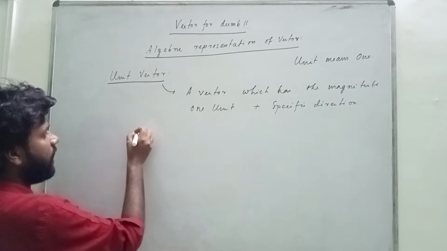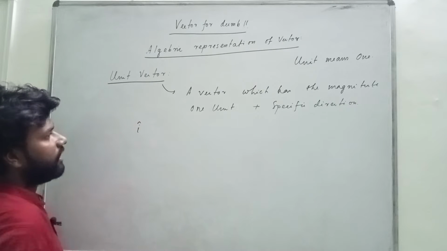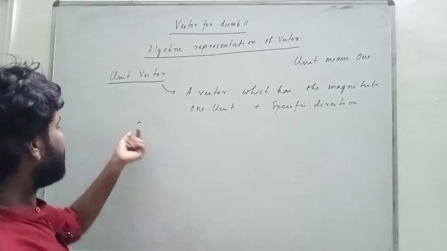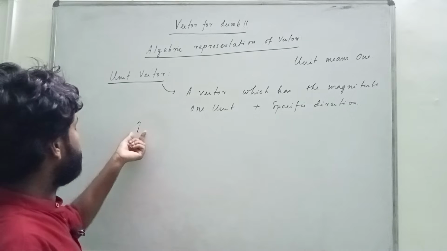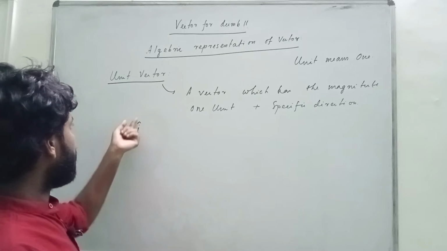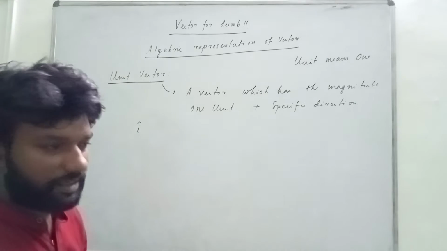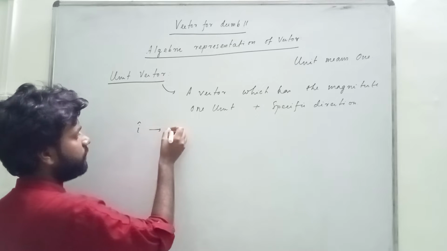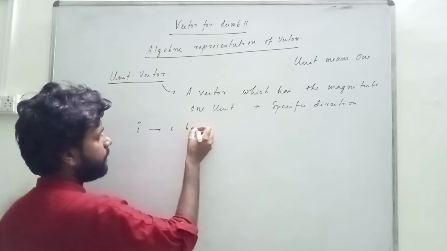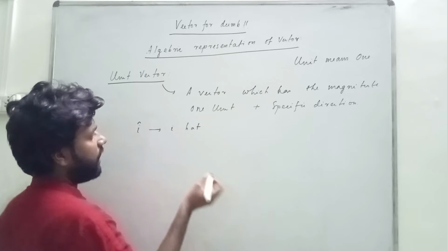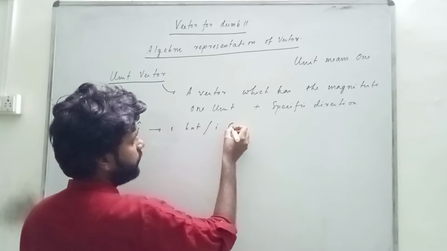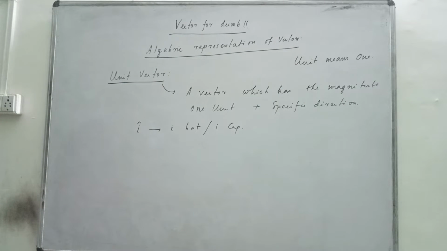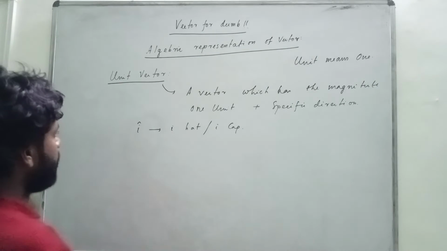Named I hat, right? The unit vector I, specifically I hat. It's a hat, or you can call it a cap. Just name it I hat, or I cap. It's your choice. Call this vector I hat or I cap.